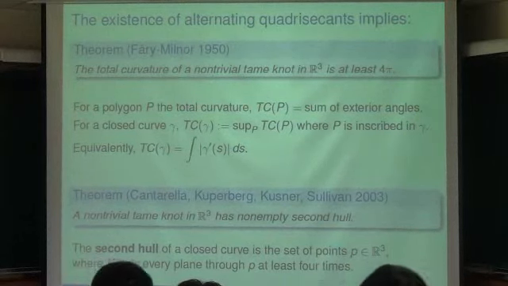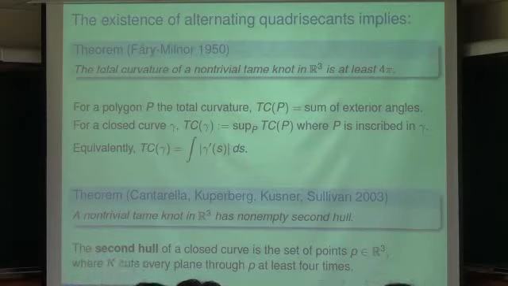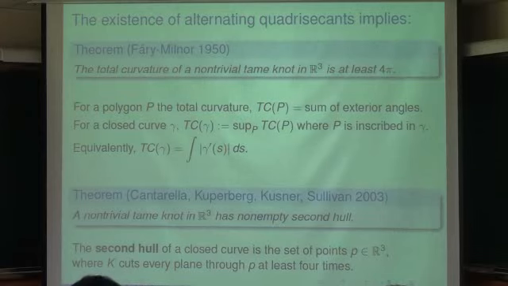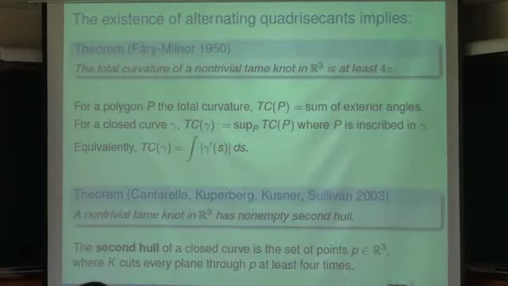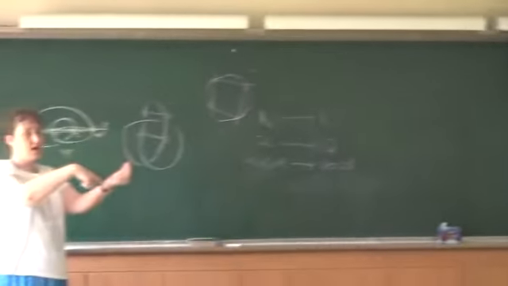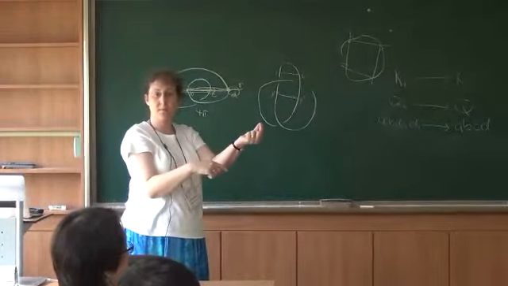The second hull is you take a point in space, you think about a plane through that point, and you ask yourself, how many times does the knot intersect that plane through that point? And we want it to cut 4 times. And not just this plane, but any plane through that point. We want the knot to cut at least 4 times.